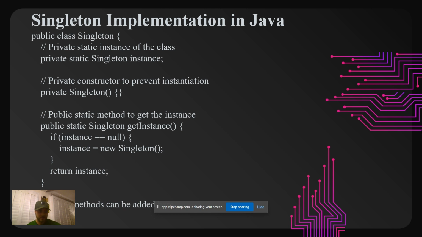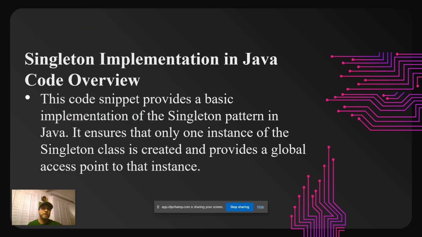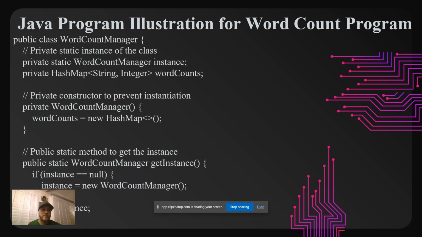This method checks if the instance is null. If so, it creates a Singleton class instance. If not, it simply returns the instance, which ensures that only one instance of the class is ever created and accessible globally. And this is just an overview that I already went over in simple terms, just kind of dumbing it down.